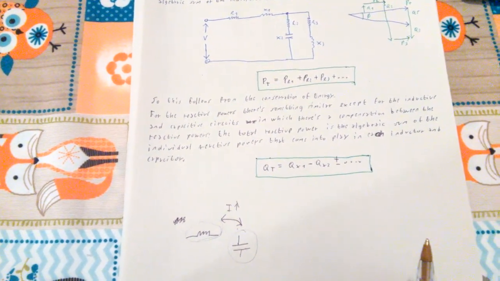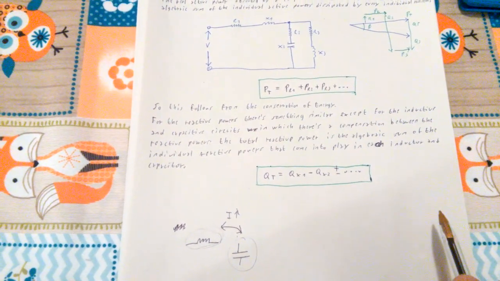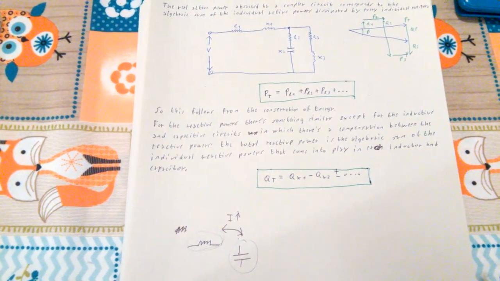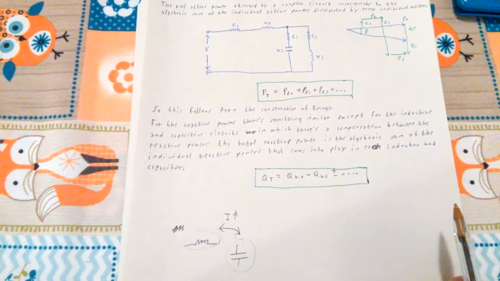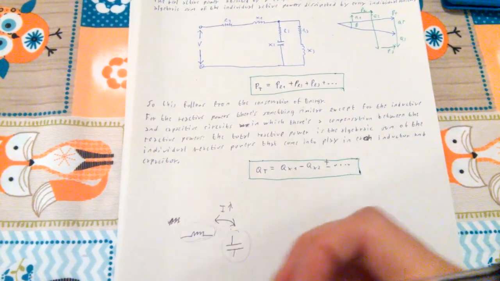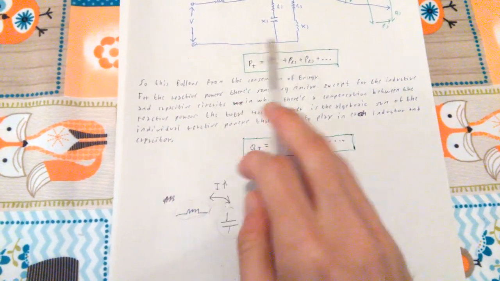And lastly, the last thing that I want to say is that the apparent power is the vector sum of each and every individual power. I can define it as well. I'll just write it, for the sake of completeness, as I've been writing about those two.